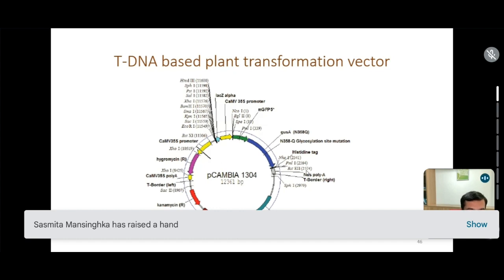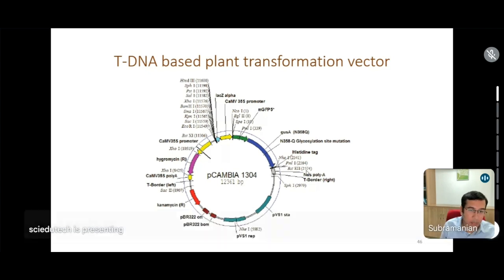And this is one of the examples of vector series used for plant transformation. It's called pCambia. And you see different elements in this vector. That includes a CaMV 35S promoter, which is a constitutive promoter to drive constitutive expression of genes. That means the gene is expressed uniformly across all stages of plant growth and development.